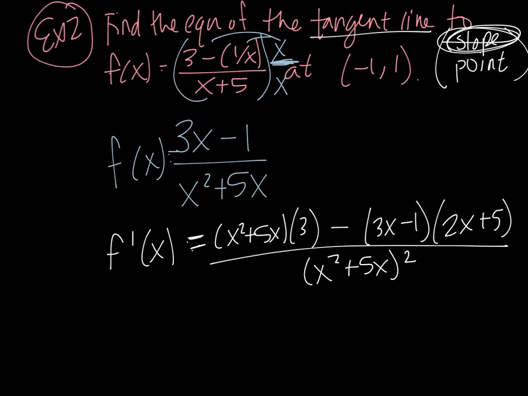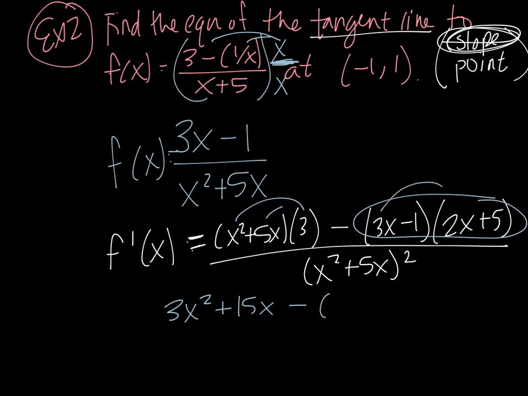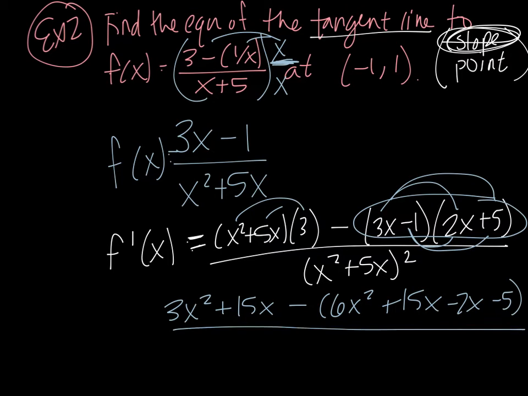Let's simplify. I'm going to have 3x squared plus 15x minus, and notice I'm leaving the minus and I'm just going to take care of this whole thing right here. It's a little bit more complicated. 6x squared plus 15x minus 2x minus 5 all over x squared plus 5x squared.